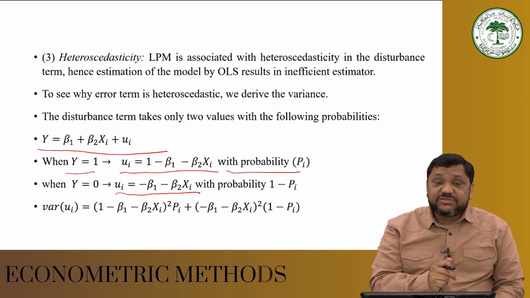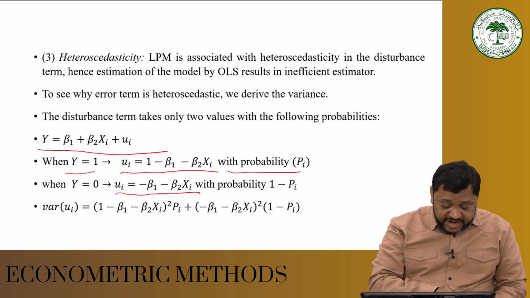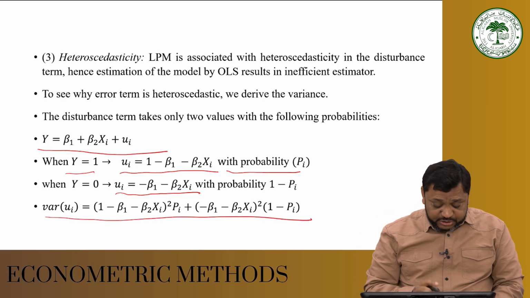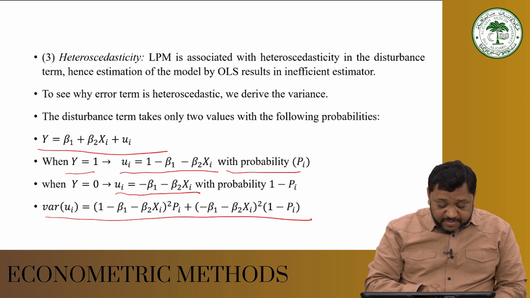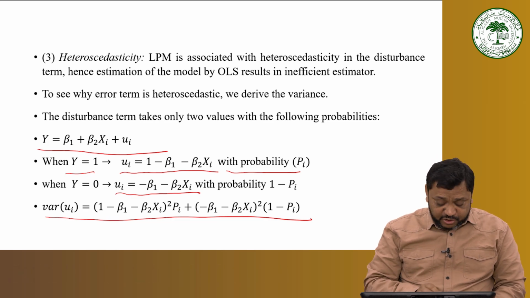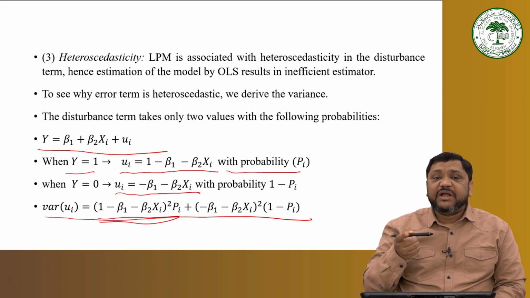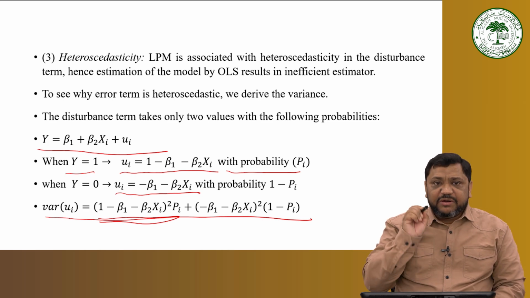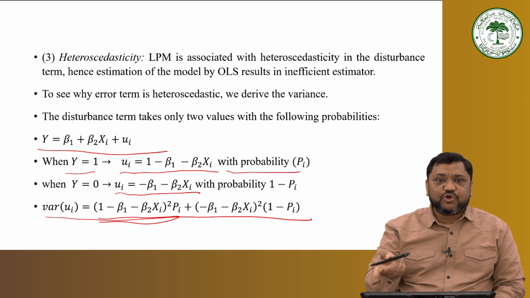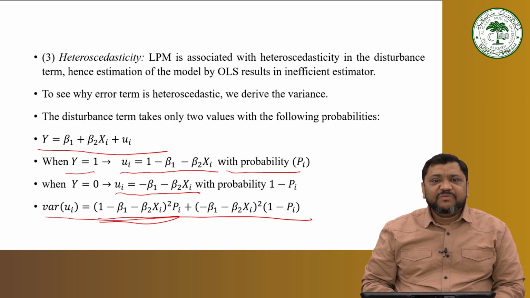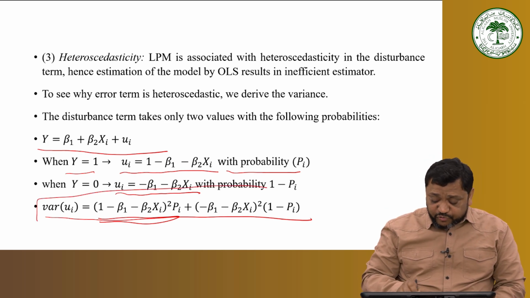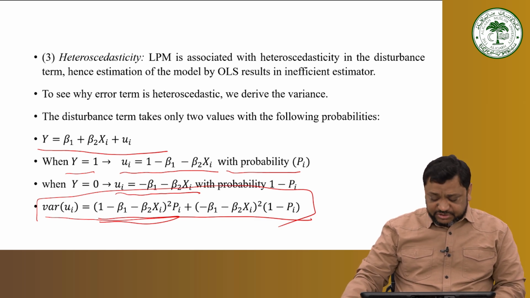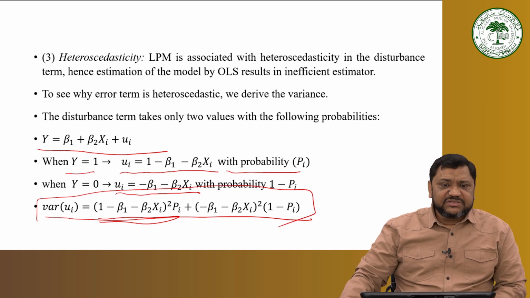And the variance, since there is a probability of pi and a probability of 1 minus pi, we write it as (1 minus beta 1 minus beta 2 xi) whole square multiplied by pi, plus (minus beta 1 minus beta 2 xi) square multiplied by 1 minus pi. So this is how we are defining the variance of this Bernoulli's distribution as applicable in this case.